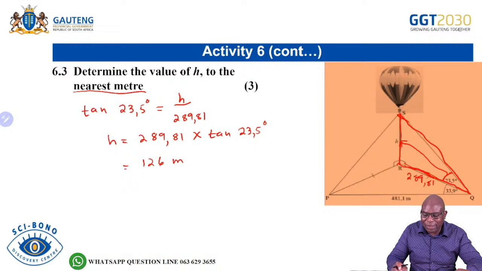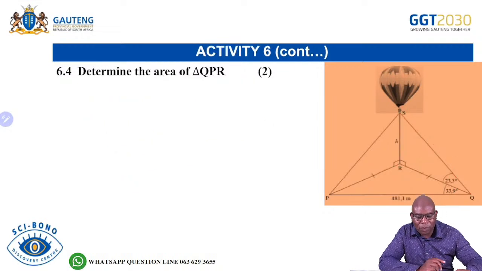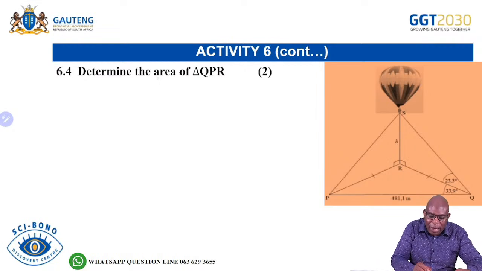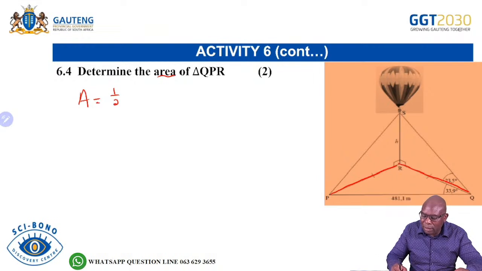Okay. Right. Now, determine the area of QPR. Then they ask you the area. You see, with the area, they will ask you. So the area equals to half of this side times this side multiplied by sine of that angle. So I already know what is this side.